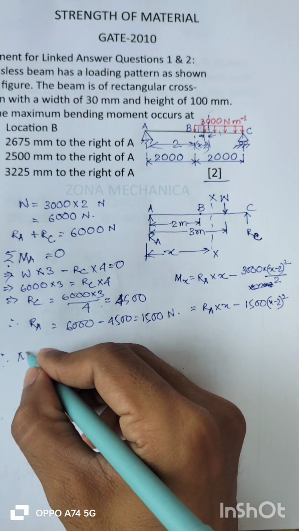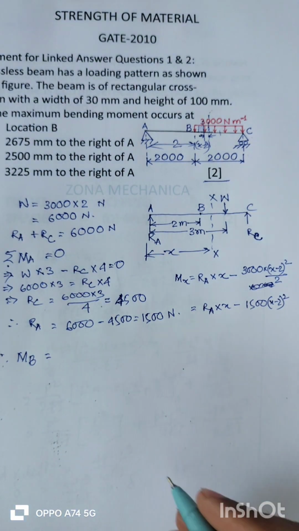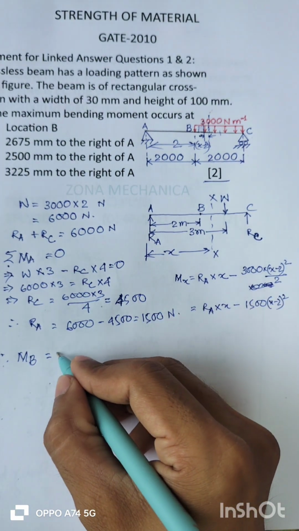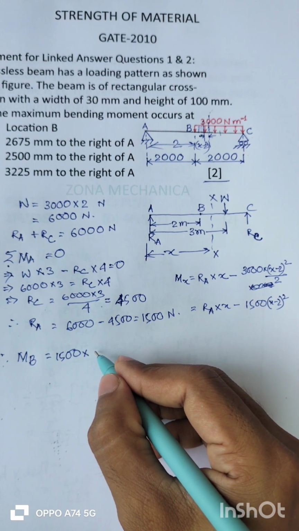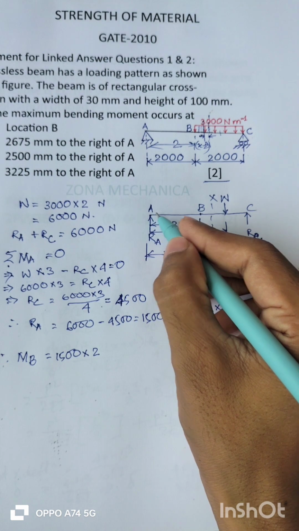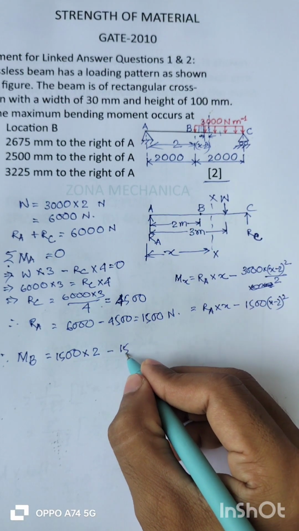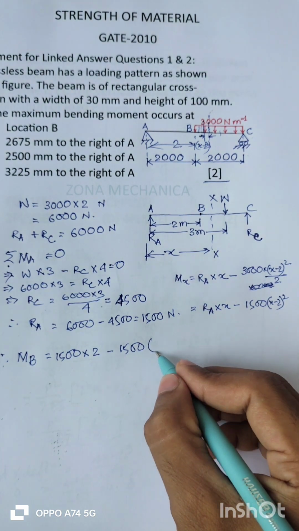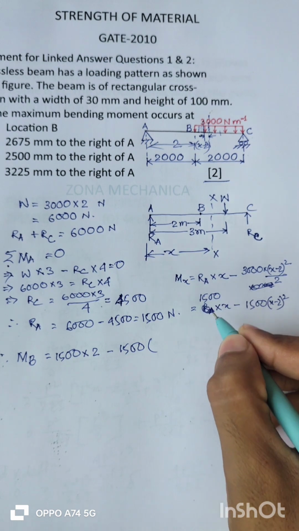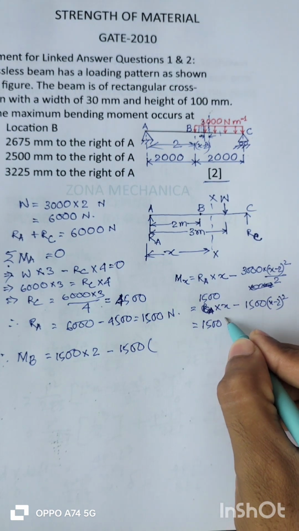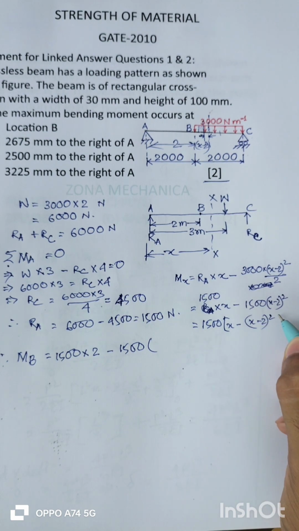Now the bending moment at the point B, MB, will be equal to RA, which is 1500, so writing 1500 into x, where x is 2, from the point A to point B it is 2 meters, minus 1500 into, if we take 1500 outside, then x minus 2 whole square.